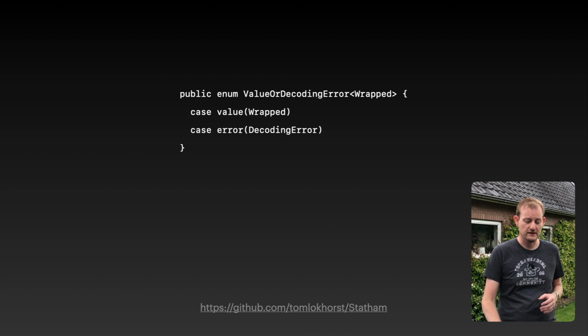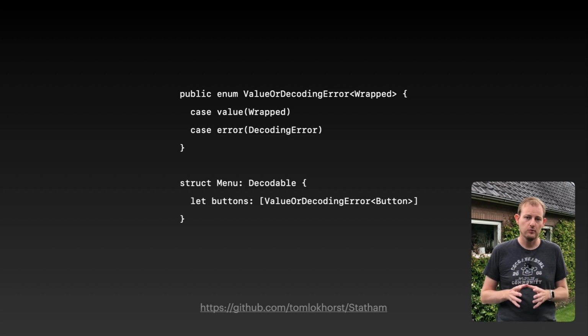What that gives us in practice is that parsing doesn't stop when the JSON decoder encounters an error. For example, if we're trying to parse a menu that has an array of buttons, and the JSON has 4 objects and one of those 4 objects isn't actually a button or can't be parsed as a button, then parsing still continues after that one, and we still get back a menu struct.